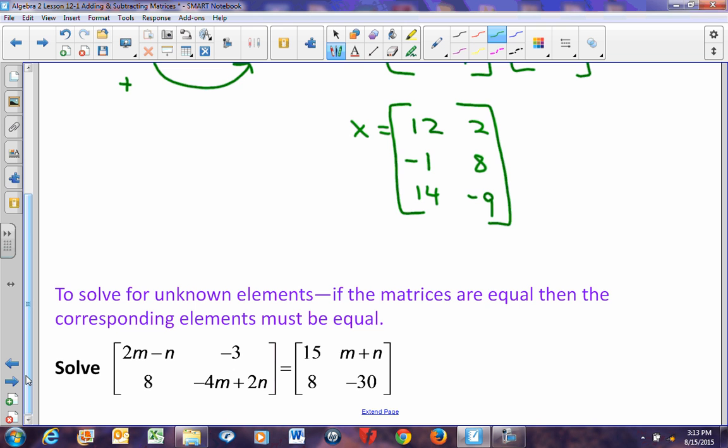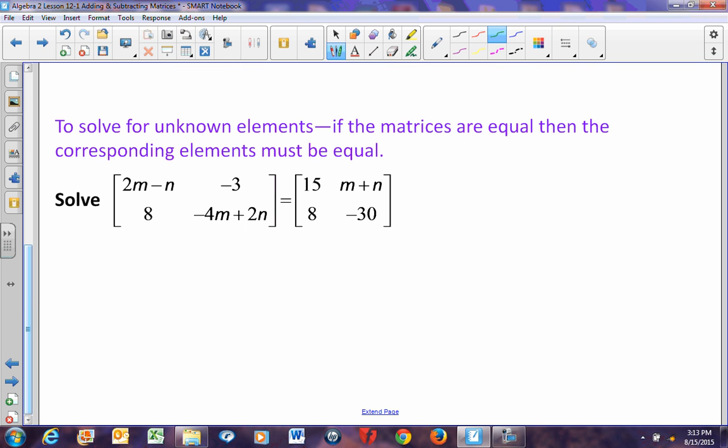To solve for unknown elements, if the matrices are equal, then the corresponding elements must also be equal. So, if I have 2m minus n in this position right here, first row, first column, it has to be equal to first row, first column here because there is an equal sign between them. So I can just set that up.